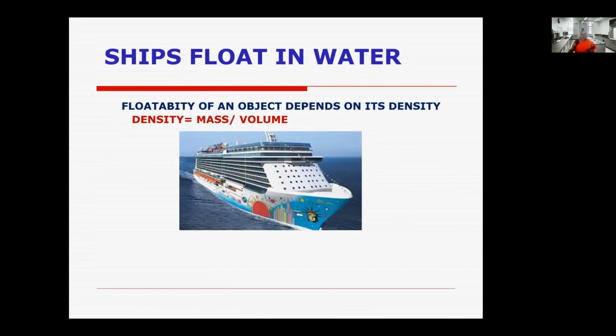Floatability of an object depends on its density. Density means how hard or compact it is. This density calculation you will learn under physics. So up to this, we will end today's class.